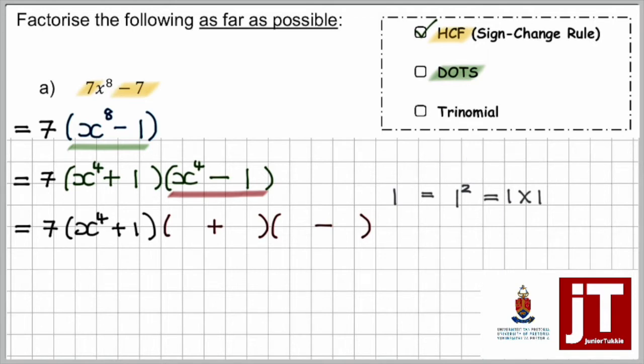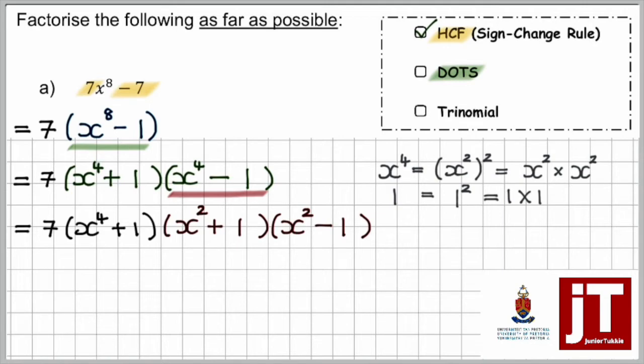Now, to obtain x to the power of 4, we say x to the power of 2 squared, which is exactly the same as saying x to the power of 2 multiplied by x to the power of 2. Therefore, grade 9s, the first term in each set of brackets is simply x to the power of 2. And again, we can get 1 by saying 1 times 1. We have therefore factorized that second difference of 2 squares successfully.